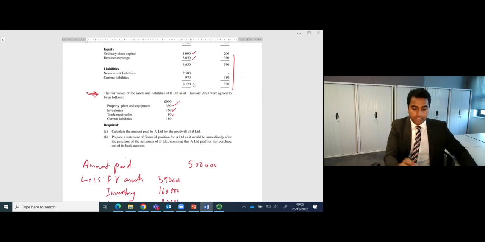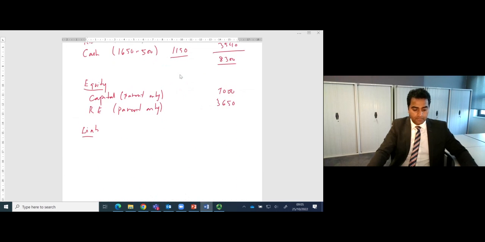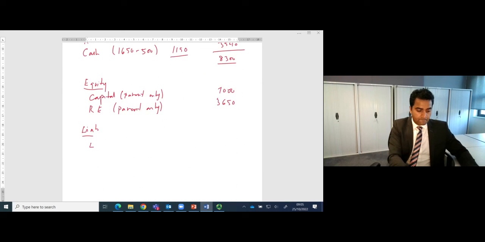Next, we have to record the liabilities of the parent first. So non-current liabilities of the parent is 2,500, and current liabilities of the parent company is 970 plus 180 for the subsidiary.